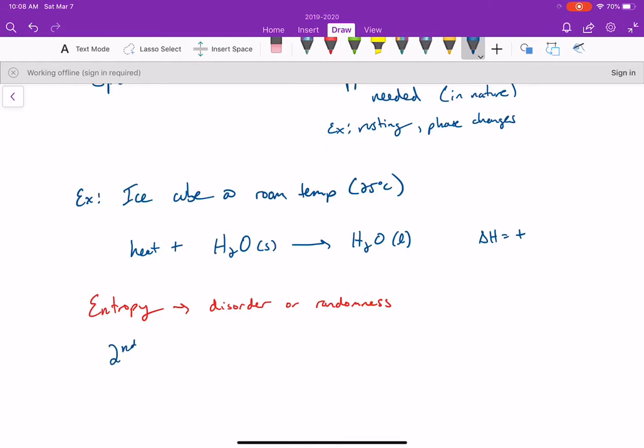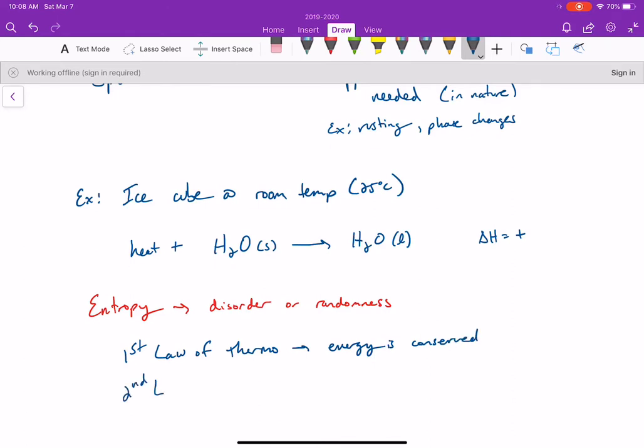Remember the first law? So actually we'll start with that just as a review. First law of thermo is energy is conserved, right?